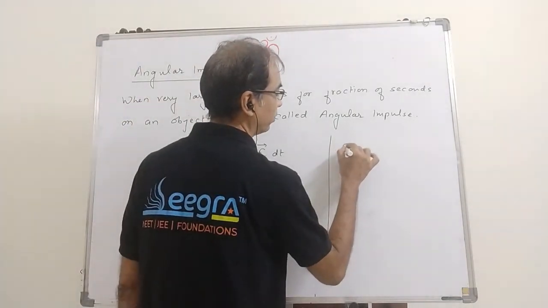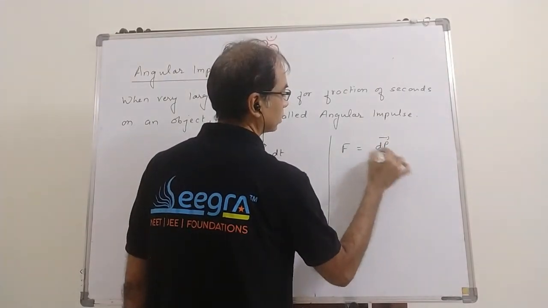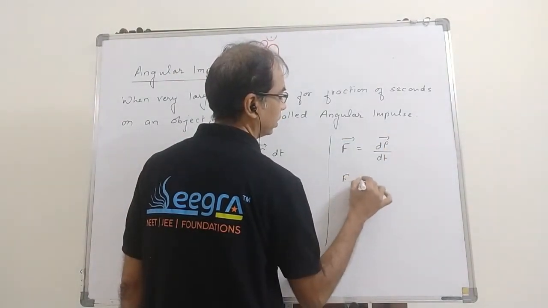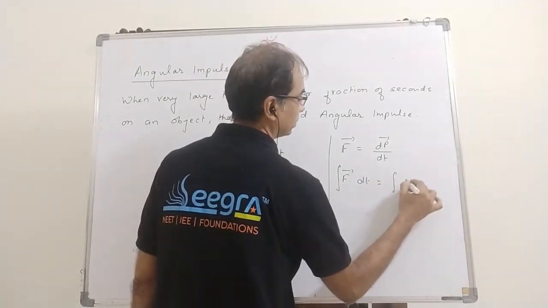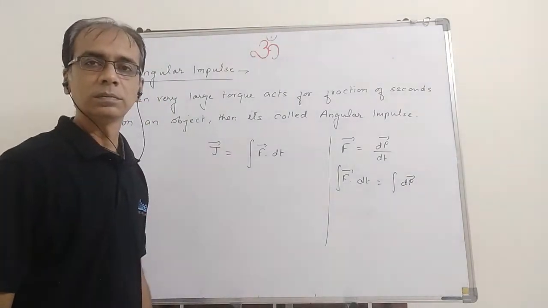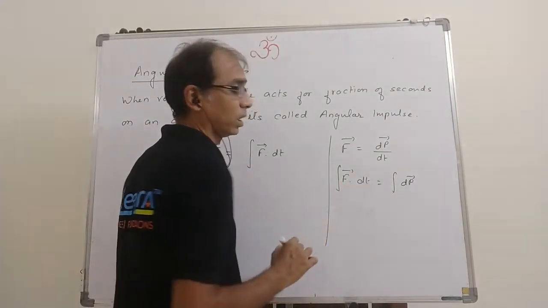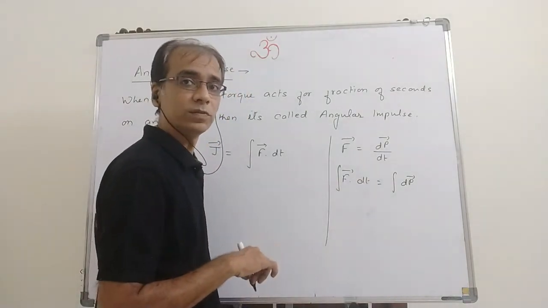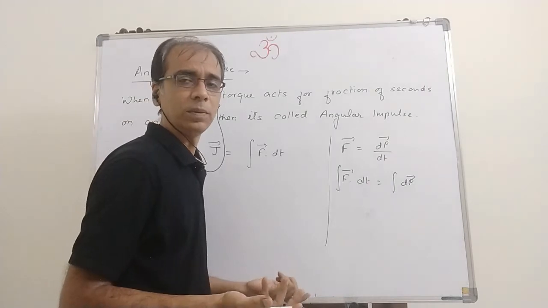We said that F basically is dp by dt. Right? So from here we write F dt is basically dp. Right? This is what we said. Now since you are integrating it for time t, that means you are finding what? Average force. Because maybe variable, maybe constant, let it be whatever it is.